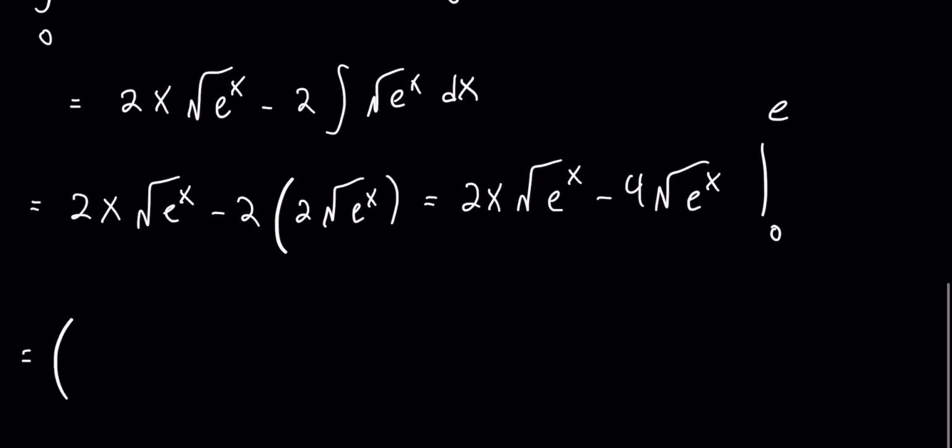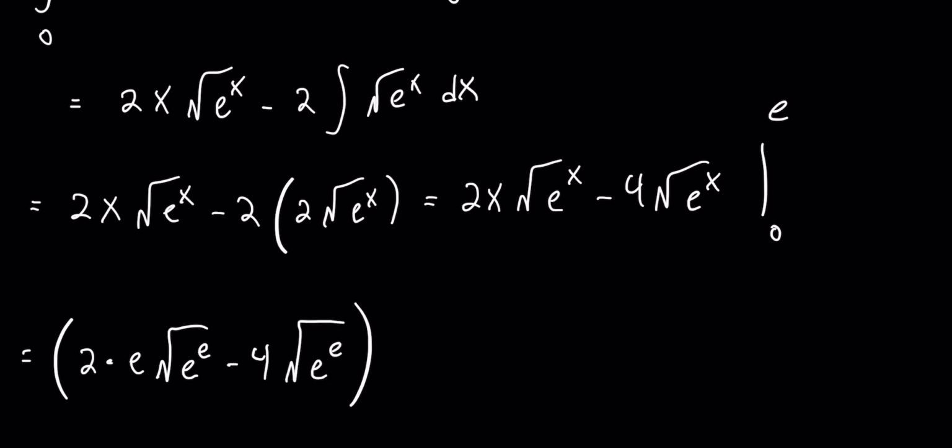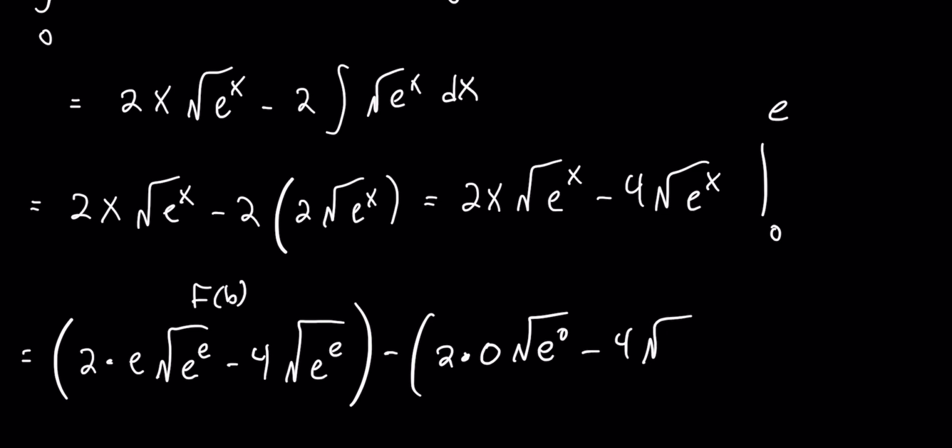So this is going to equal 2 times e square root e to the e power minus 4 square root e to the e. So this is f of b minus 2 times 0 square root e to the 0 minus 4 square root of e to the 0 power.